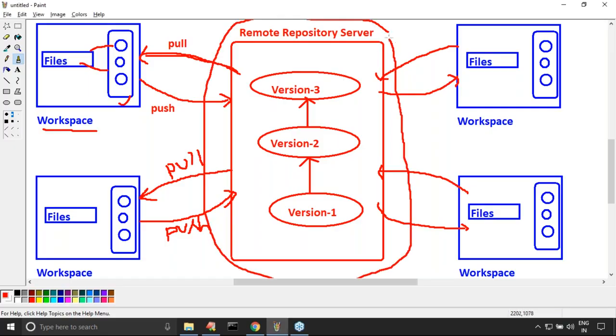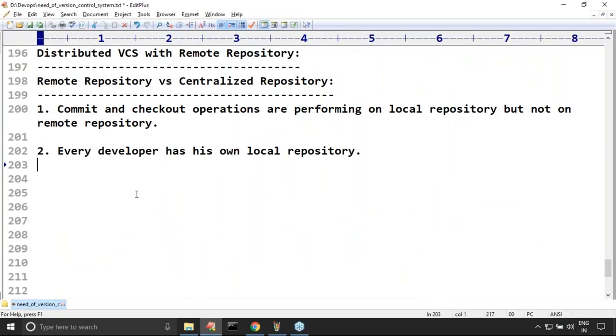Remember this: you won't commit any changes here. Then what is the use of this remote repository? The main purpose of the remote repository is to share changes with other developers. The main job of the remote repository is just to share our work with peer developers. That is the main purpose.